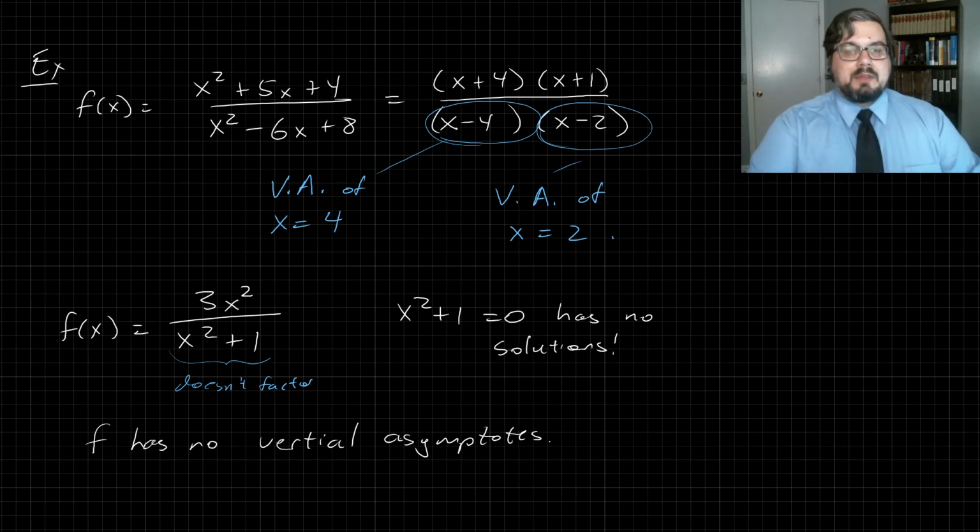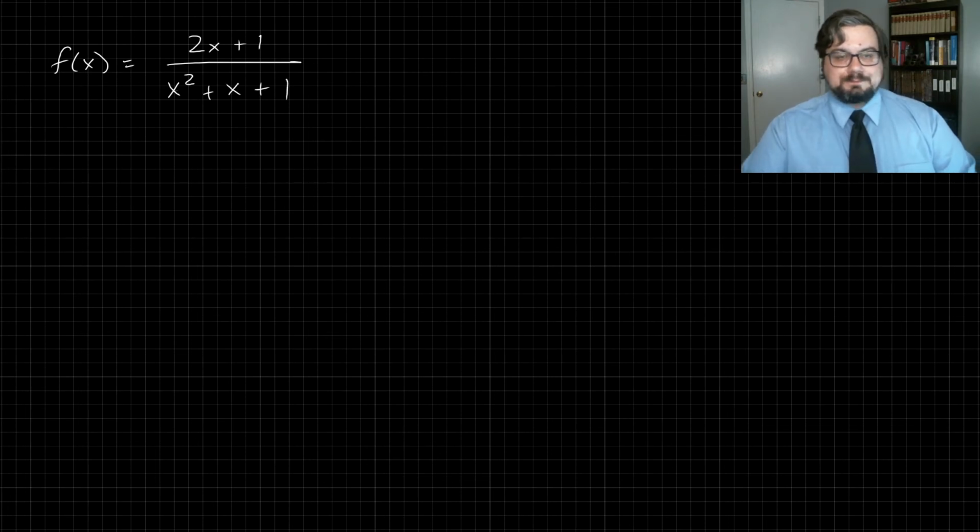All right, and then one final example. Let's look at f of x equals 2x plus 1 over x squared plus x plus 1. Now, this one we've got to be a little bit careful of. So we first check to see whether we can factor things, and it doesn't appear that we can.